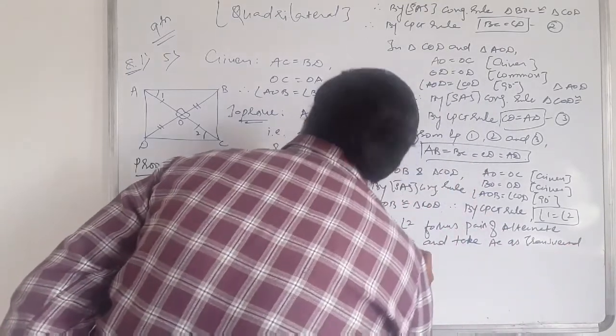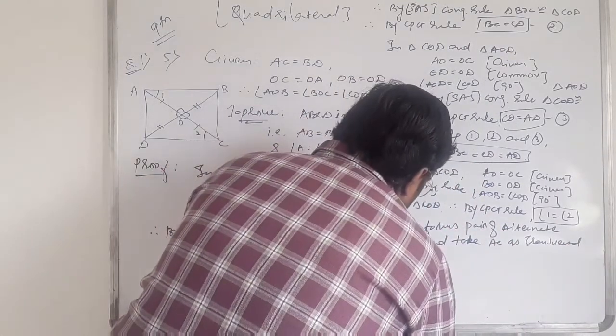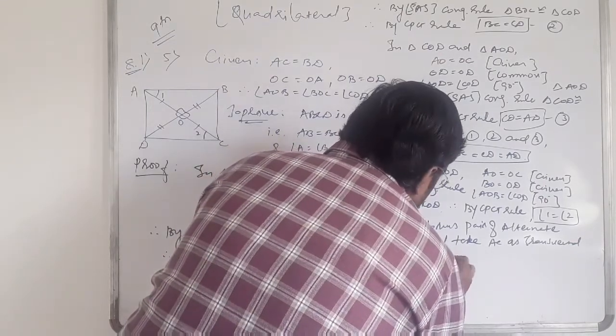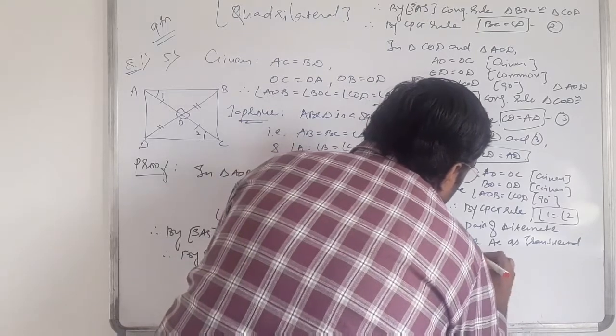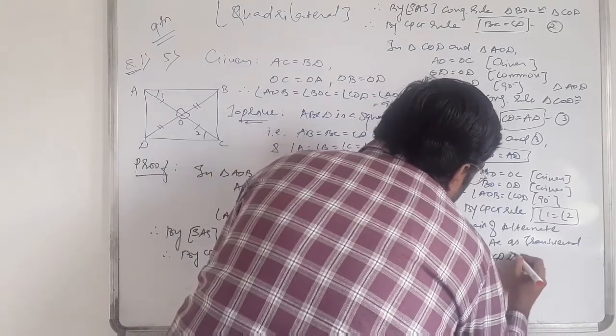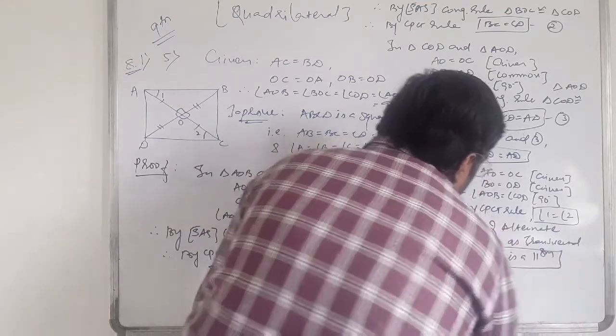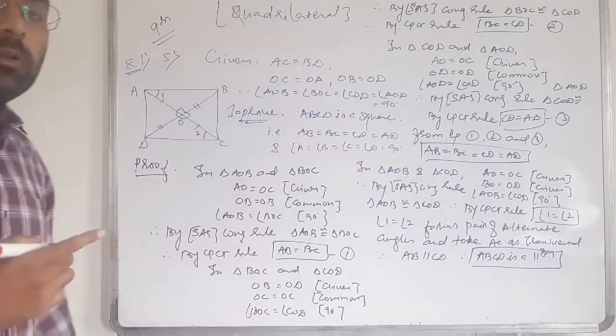So therefore AB is parallel to CD. So therefore ABCD is a parallelogram. Okay. Therefore ABCD is a parallelogram.